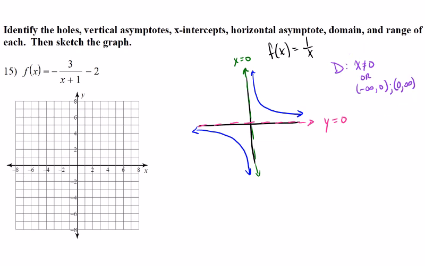So that's the domain. The range is basically the same thing, right? It's y cannot equal 0, or you can do the same exact negative infinity to 0 and 0 to infinity, okay? All right.